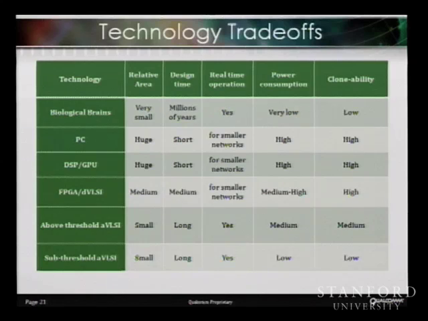So if you think about silicon technologies, you can implement these systems with generic PCs or DSPs or GPUs. Those are power hungry, very quick to program up, but probably won't fit in your pocket. On the other hand, if you start using an ASIC or a sub-threshold MOSFET design, those are much smaller.